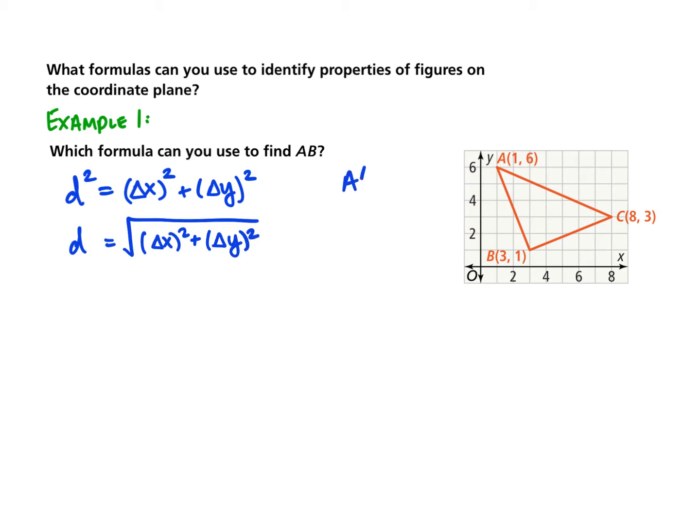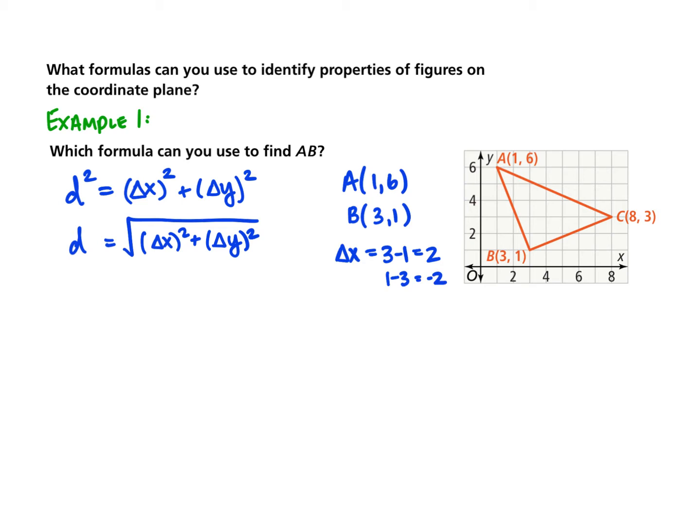So let me write my 2 coordinates over here, 1, 6 and 3, 1. And let's look at the change in x first. The change in x would be the difference between 1 and 3. So I think of that as taking 3 minus 1, and I'll get 2. Now I could do 1 minus 3 and get negative 2.